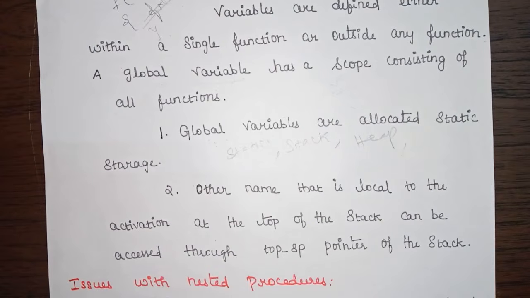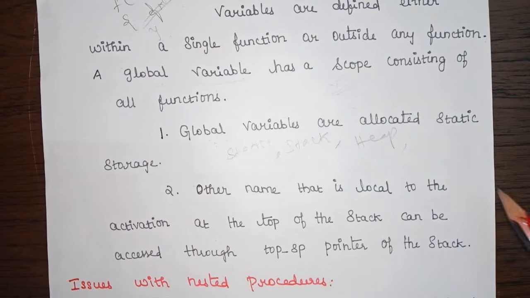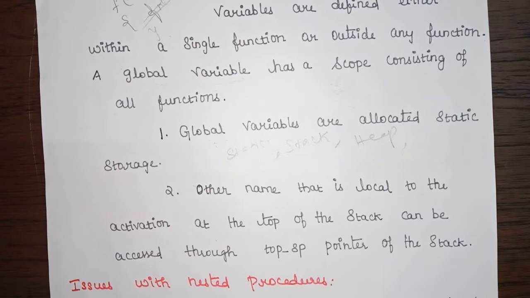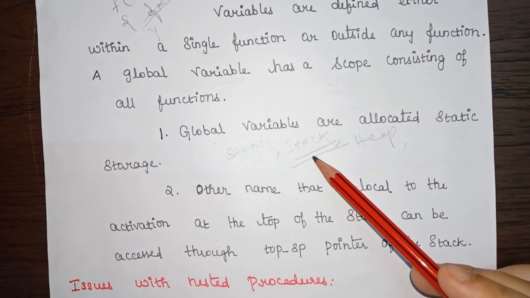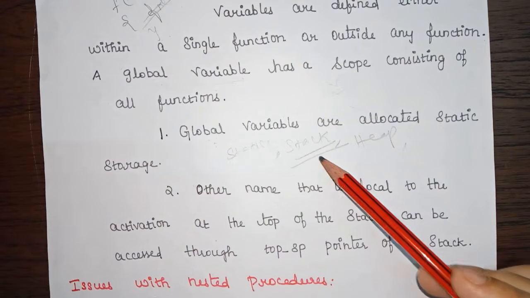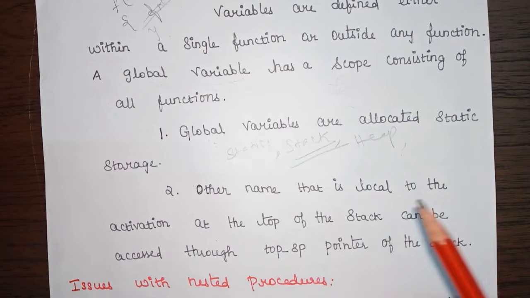For local variables, that is, variables inside a procedure, the storage allocation happens on the stack. Why? Because the stack contains the activation record, and that activation record contains the information about a procedure.